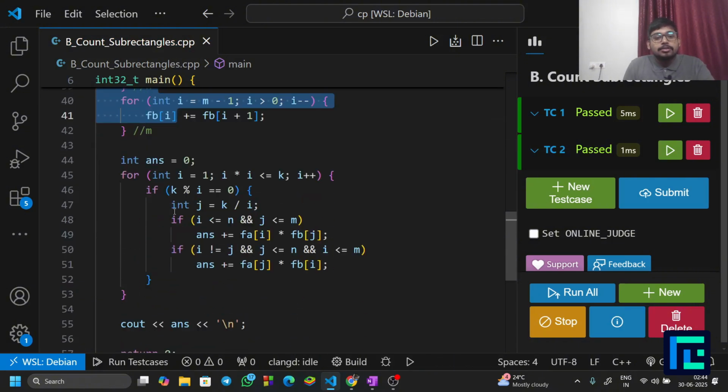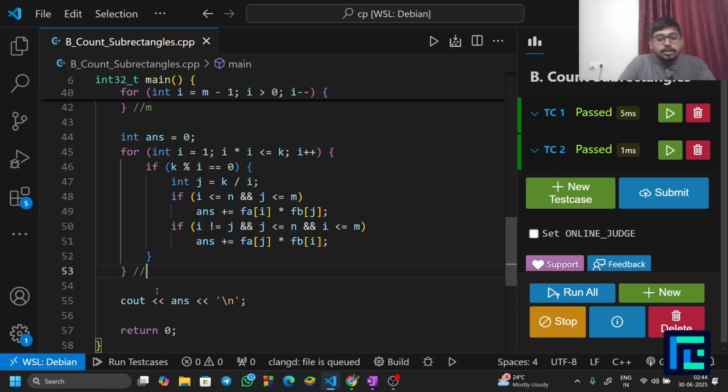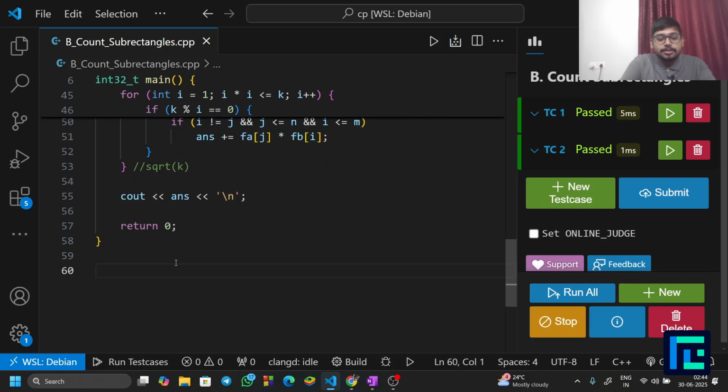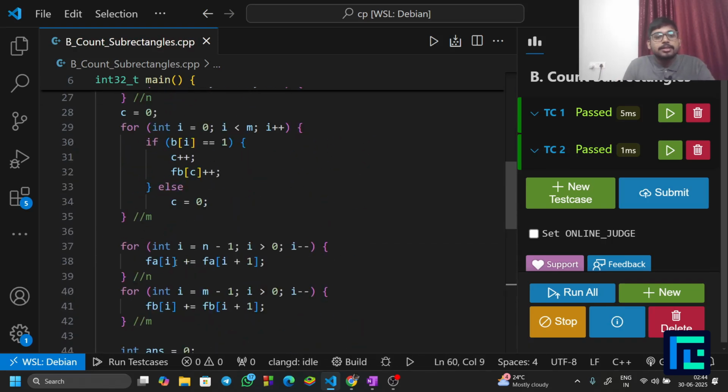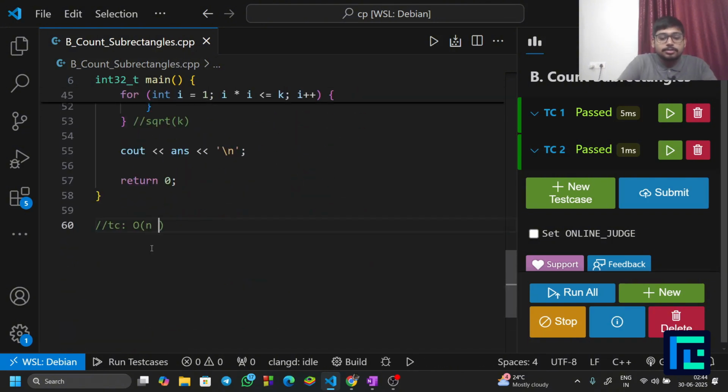Now this is running order of square root of K times; inside that we have only if-else conditions. So finally our time complexity is order of n plus m plus square root of K.